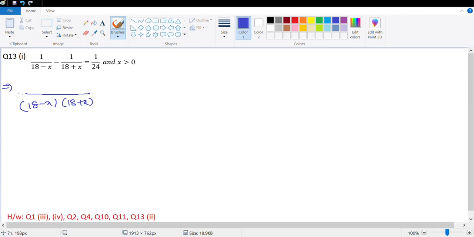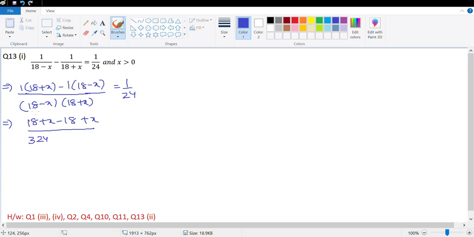So the first term is 1 times 18 plus x, and the second term becomes negative 1 times 18 minus x. This is equal to 1 upon 24, and it's given that x is more than 0. So this is 18 plus x minus 18 plus x upon 18 into 18, that's 18 square, 324.